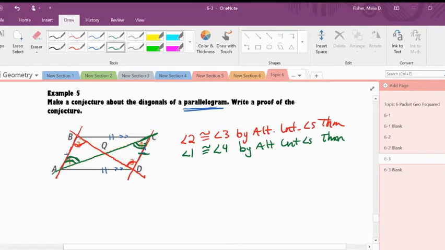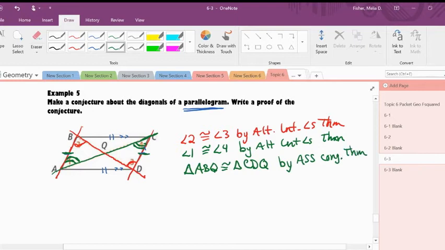Since we know that these opposite sides are congruent, and we know that those angles are congruent, we have that triangle ABQ is congruent to triangle CDQ. Make sure our letters are in the right order. And that is by angle side angle congruency theorem.